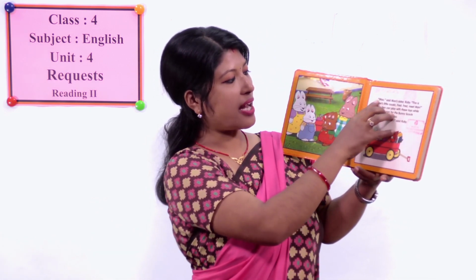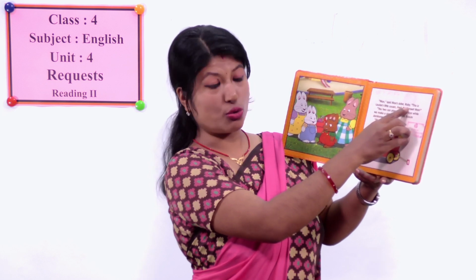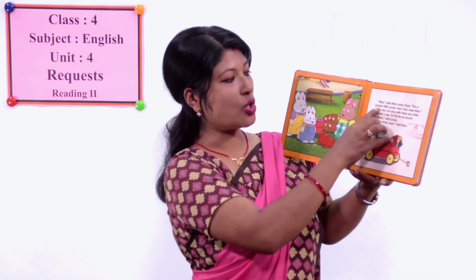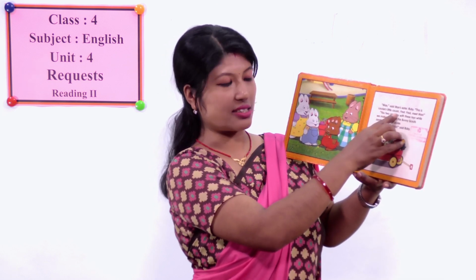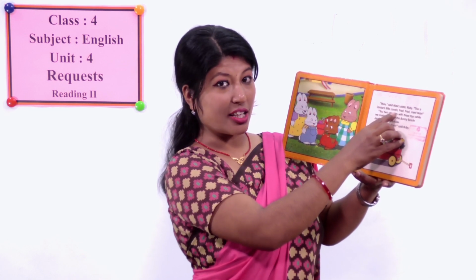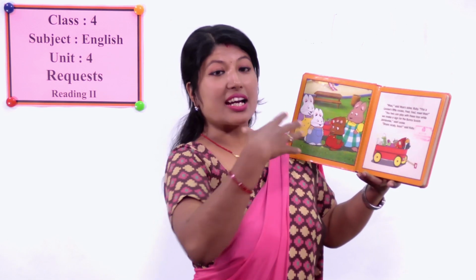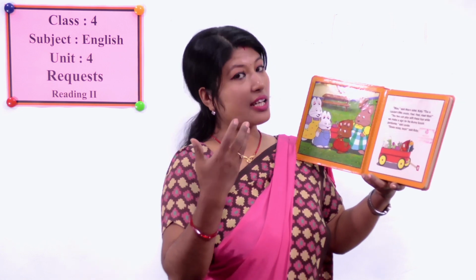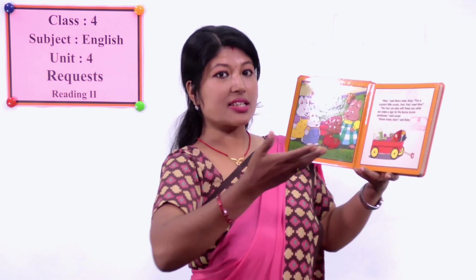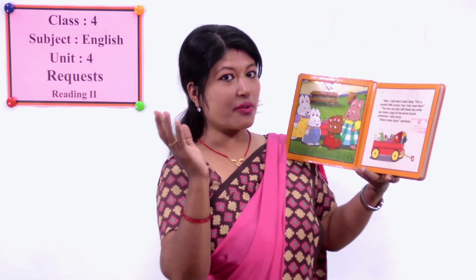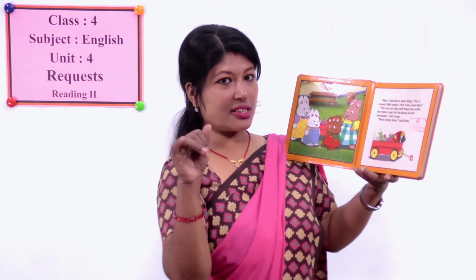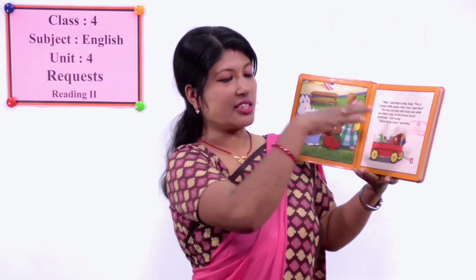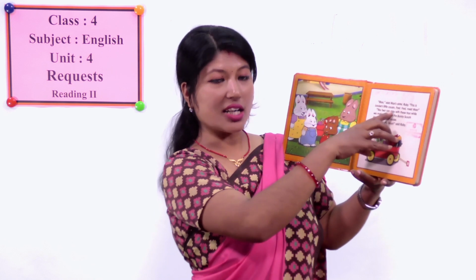What's there? Max said, Max's sister Ruby. This is Louis' little cousin. Cousin means, who is a cousin? Cousin means they are also your brother and sister, but when parents are brother and sister, then the children become what? Cousins.